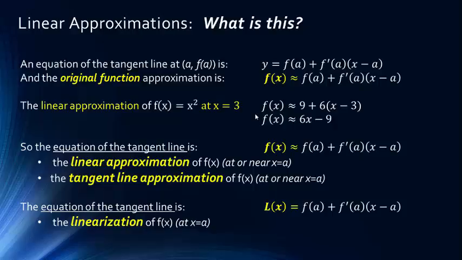If we're looking for the linearization of a function, we use L of x and just use equals, but notice it's the same equation of the tangent line. So our linear approximations are all built on the equation of the tangent line. You might hear linear approximation, you might hear tangent line approximation. These are the same. F of x is approximately this, while for the linearization we use equals and a capital L of x. All right.